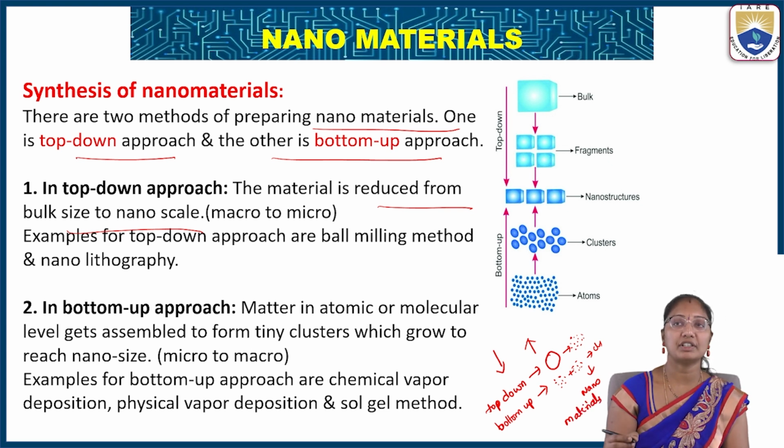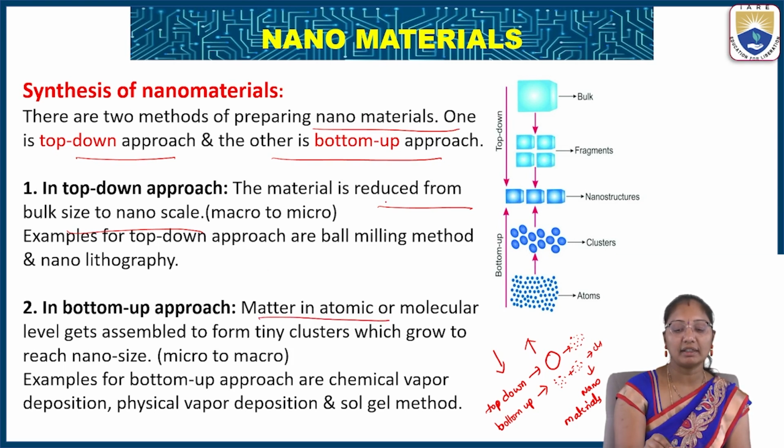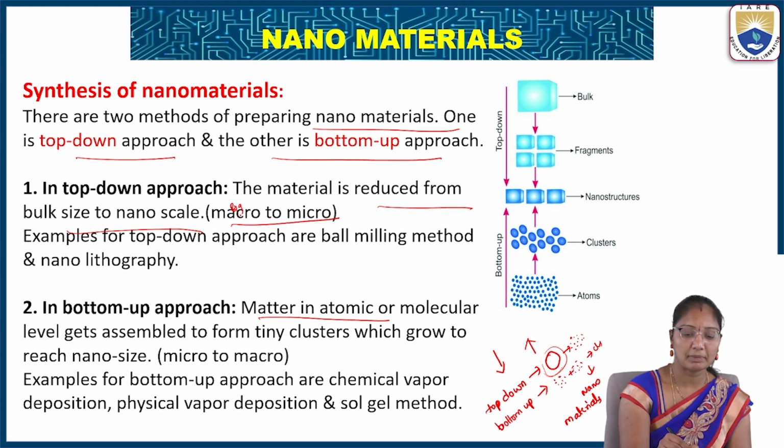So this is the difference between the top-down and bottom-up approach. Here the material is reduced from bulk size: this is a bulk molecule, and it is reduced into smaller molecules. So macro to micro, big molecules to small molecules.